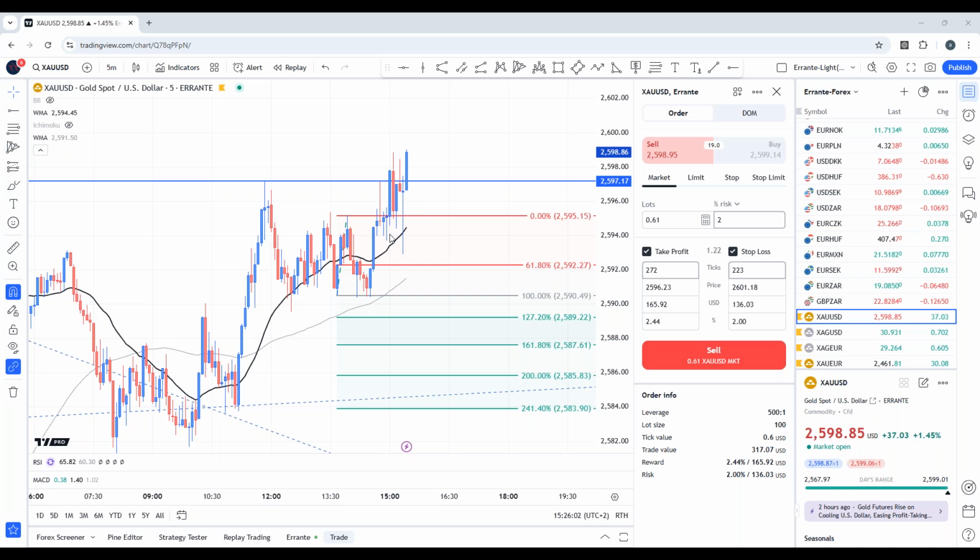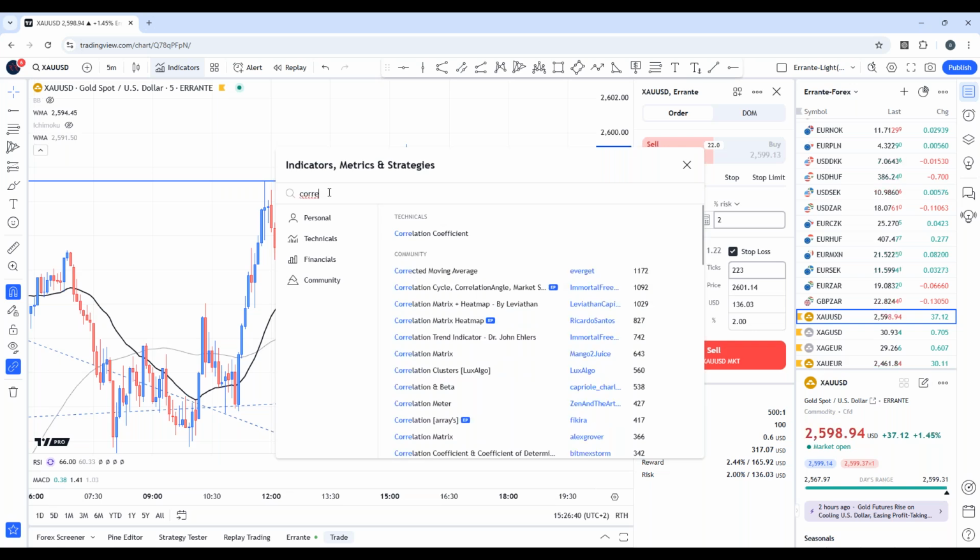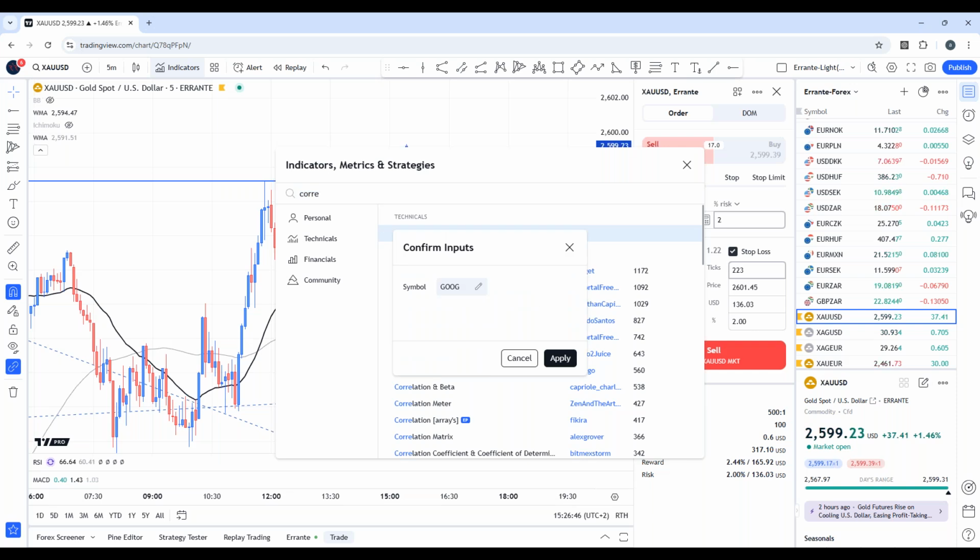Okay, one of the tools that you can use in TradingView is this. You can just go here, the correlation coefficients, which is an oscillator indicator.